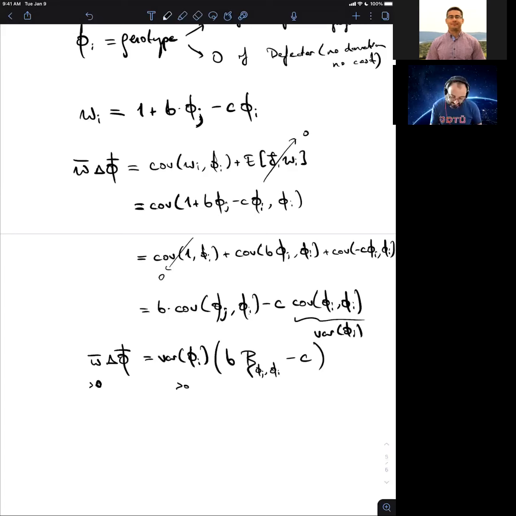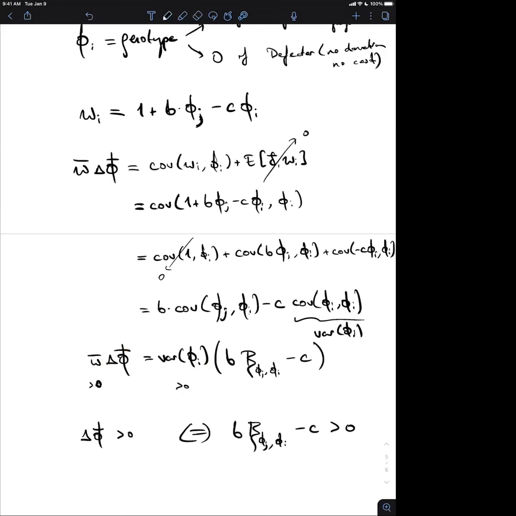And so the sign of delta phi bar, whether the mean phenotype, in this case the mean genotype, will increase or decrease, is entirely determined by the sign of this parenthesis, because everything else is positive. Therefore, delta phi bar is greater than 0 if and only if b times beta phi j phi I minus c is greater than 0.